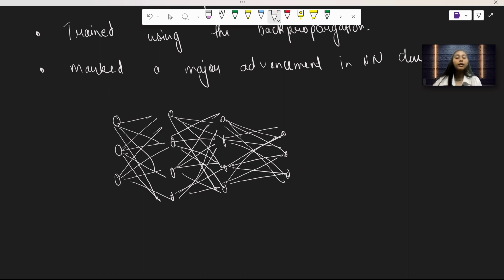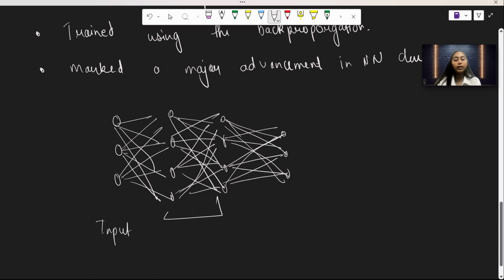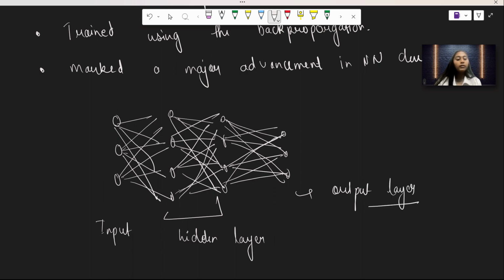These relationships are basically understanding the patterns, the actual relationship between the variables, basically the inputs. So here we have taken the input, these two are our hidden layers, and then finally we are getting the output layer. This is one of the most advanced neural networks present in our systems.